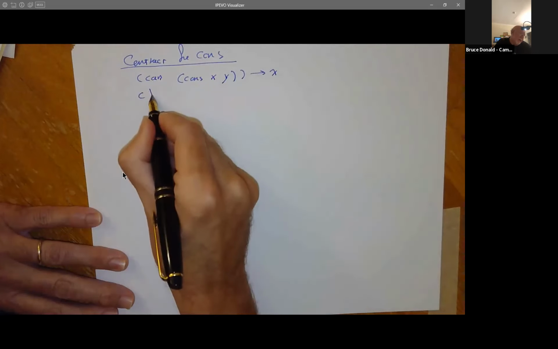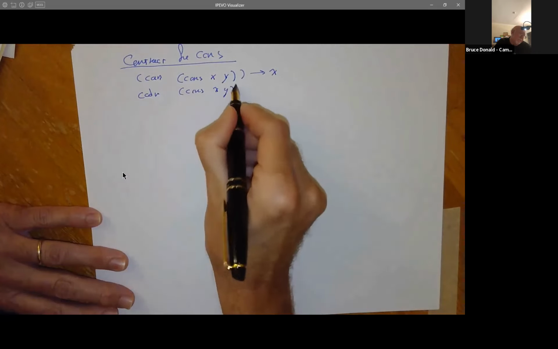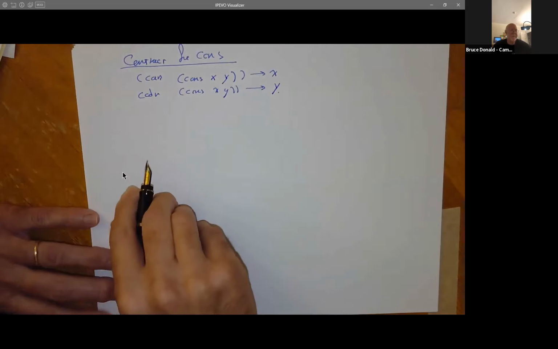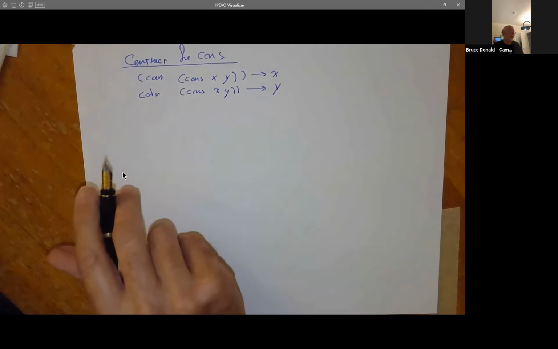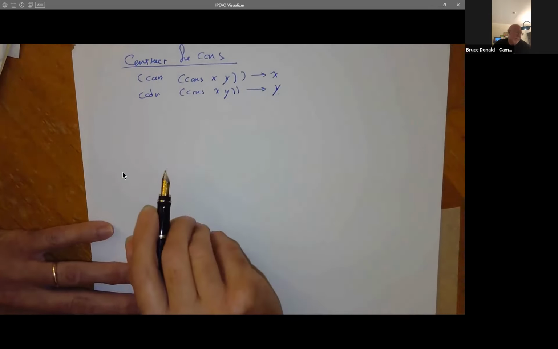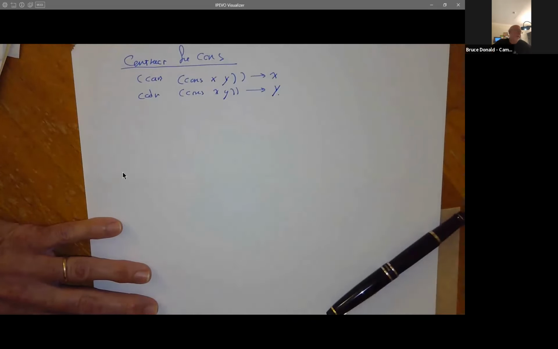And if we take the cdr of that, we get y back. And of course, there's something about null lists in there too in the contract, but I don't need that for this little digression.